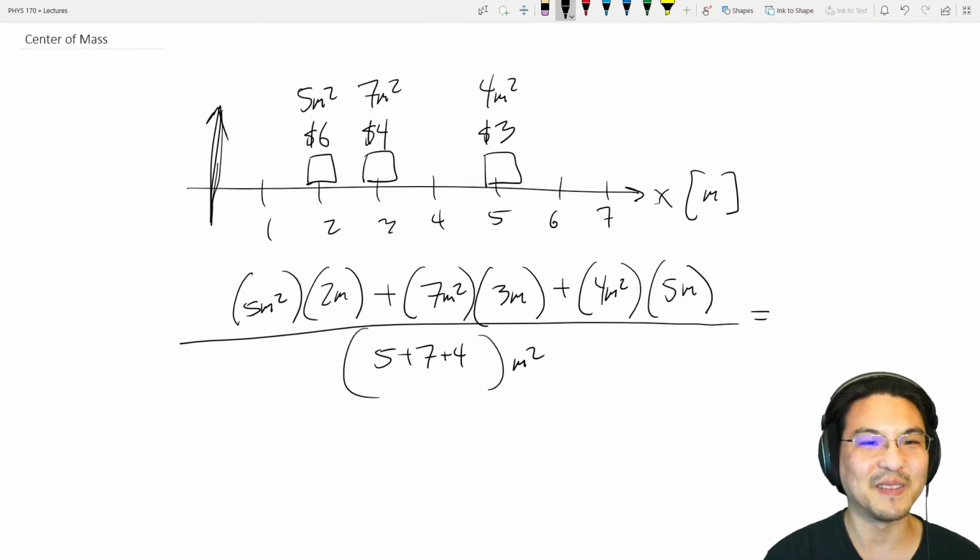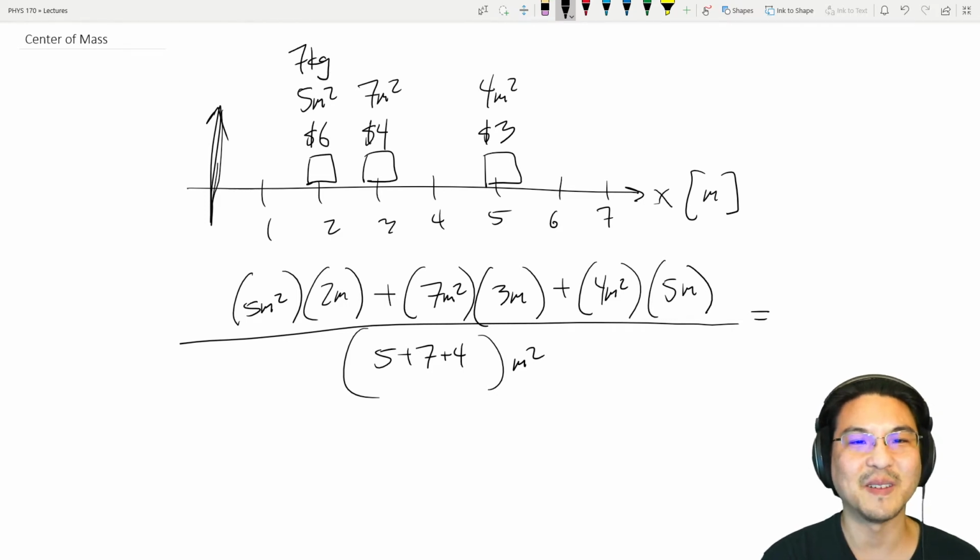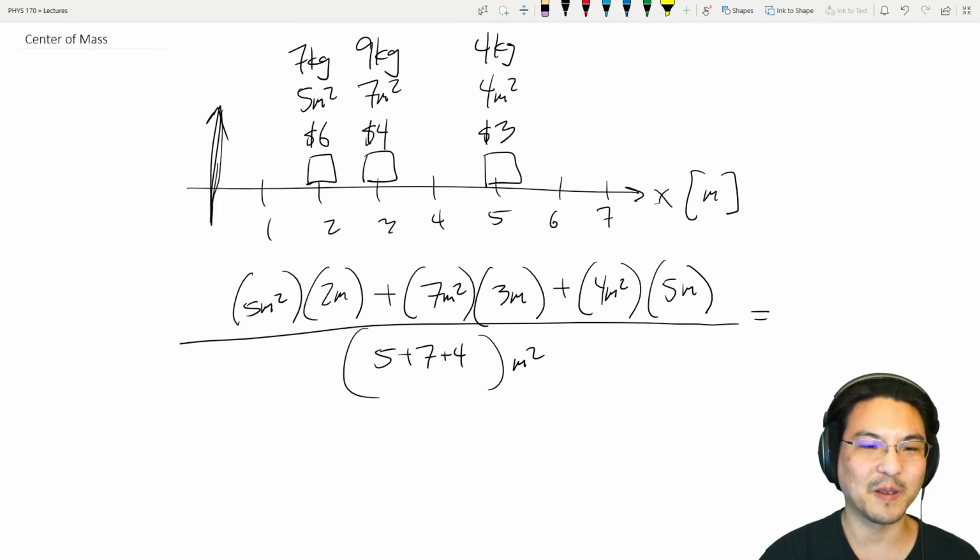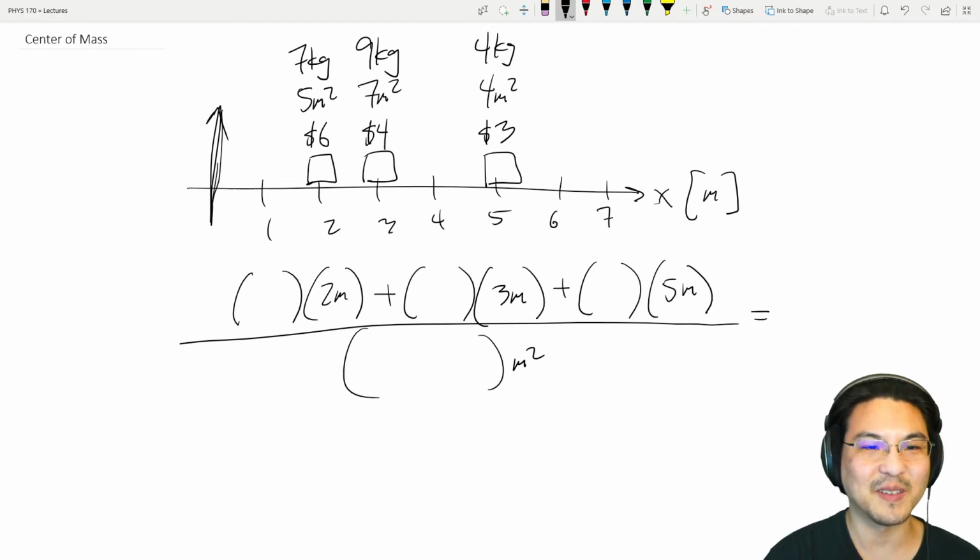One more example. Let's say the first box is 7 kilograms, the next one is 9 kilograms, and this one is 4 kilograms. Now we can compute a mass-weighted mean position. The box at 2 meters is 7 kilograms. The box at 3 meters is 9 kilograms.